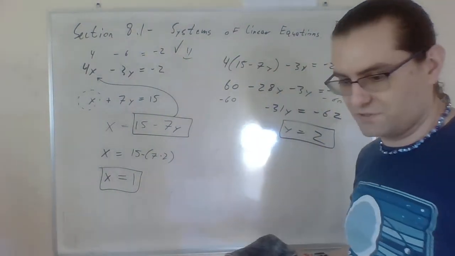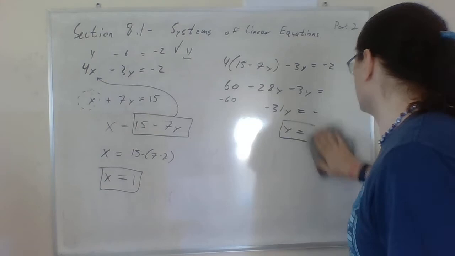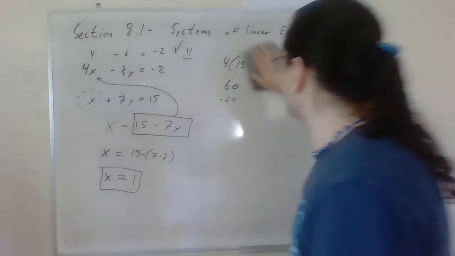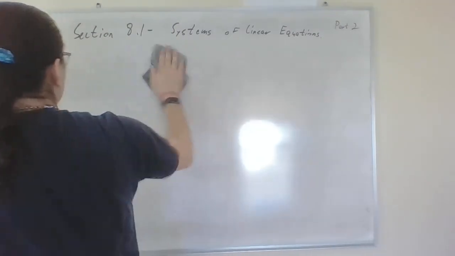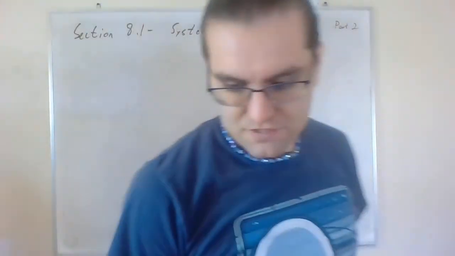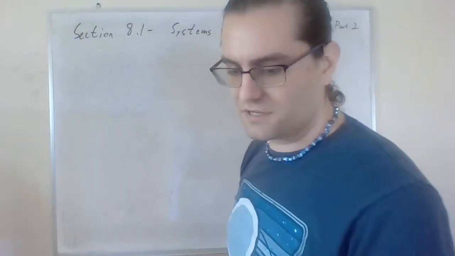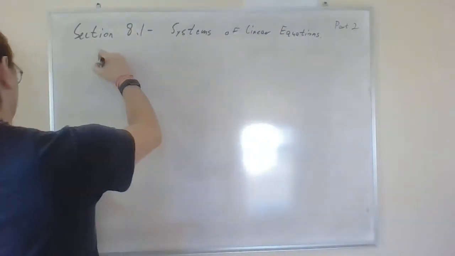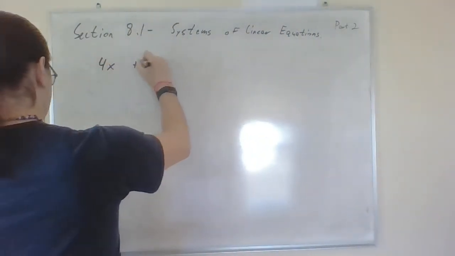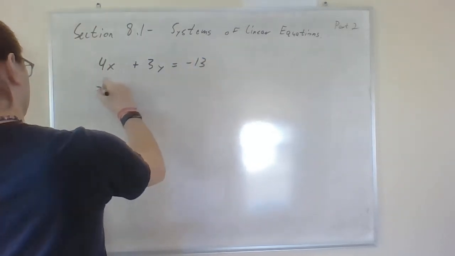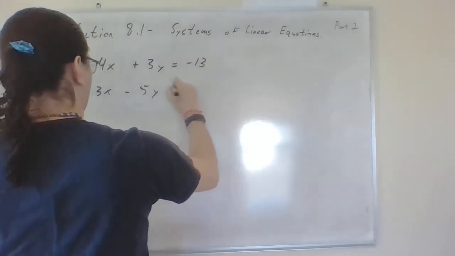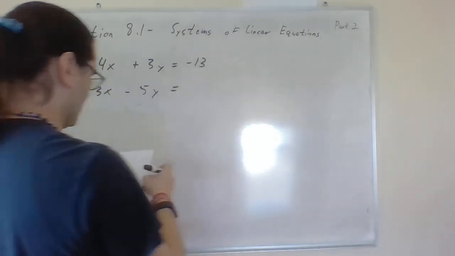I'm going to erase this one real quick and put another one on the board that is much more annoying to solve with substitution, so we should use elimination instead. The one I want to solve with elimination is 4x plus 3y equals negative 13, and then 3x minus 5y equals 41.